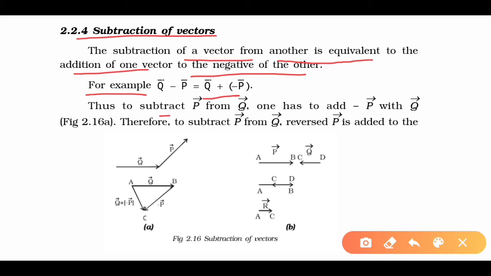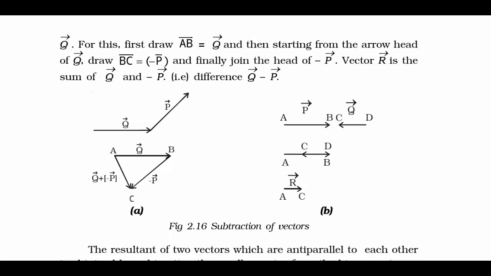Thus, to subtract p vector from q vector, one has to add minus p vector to q vector, as shown in figure 2.16.